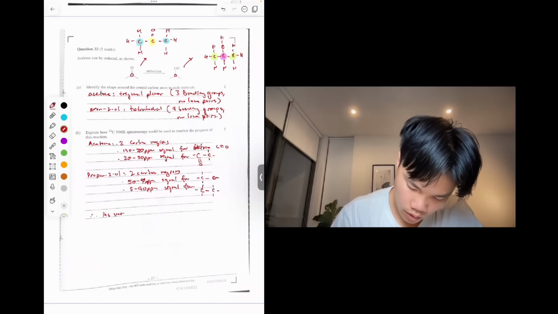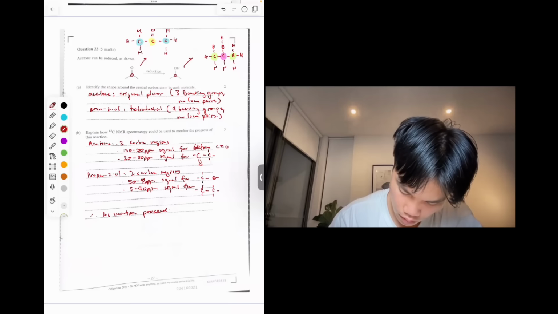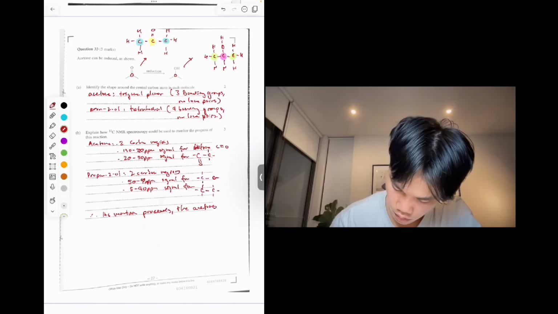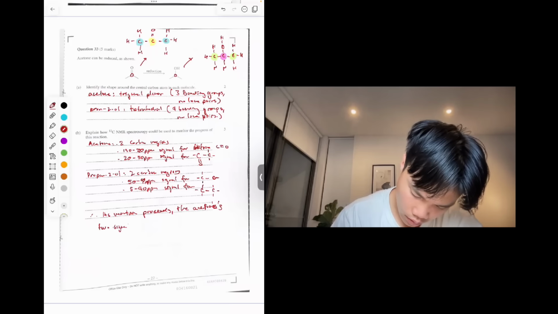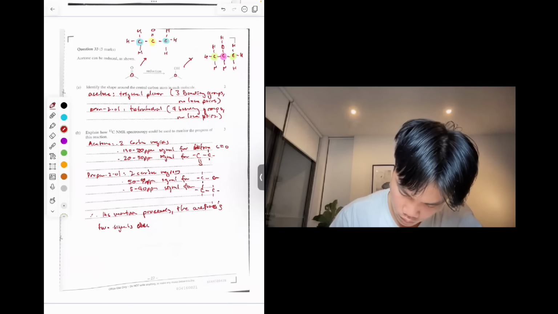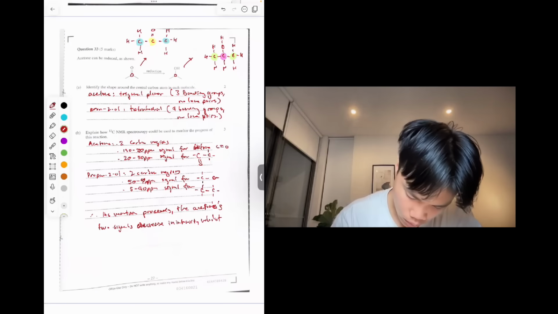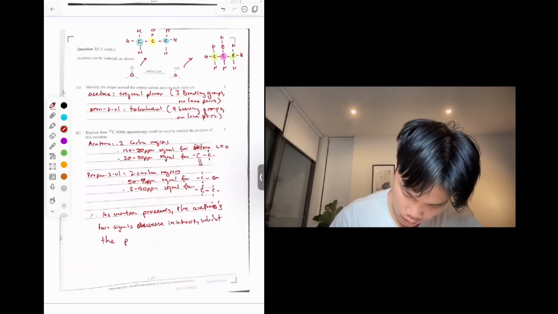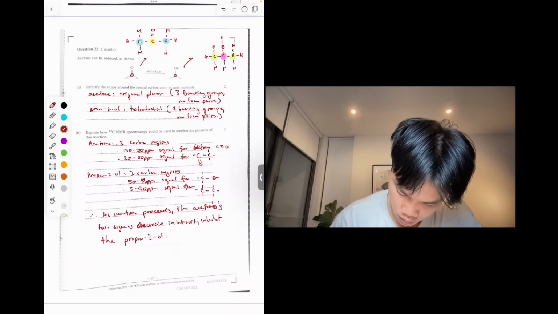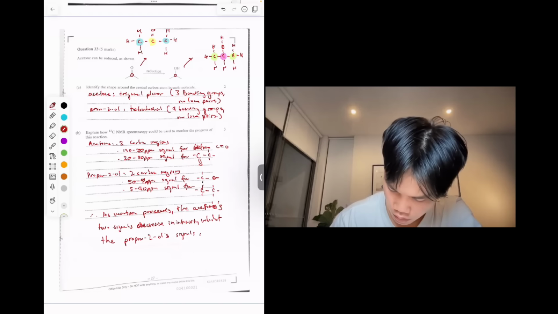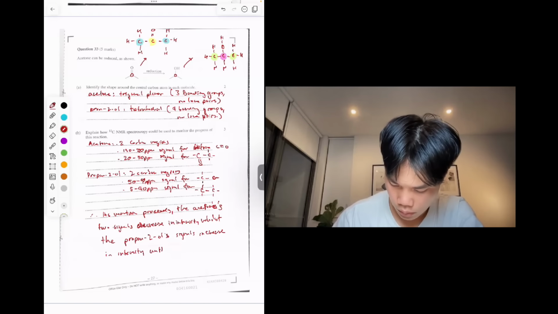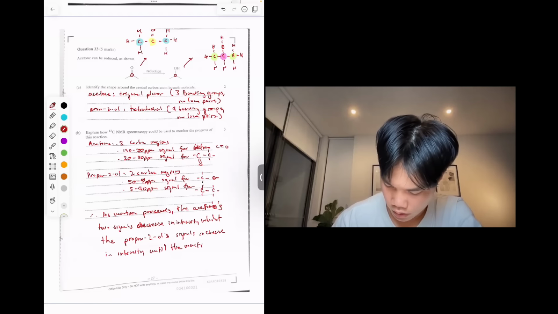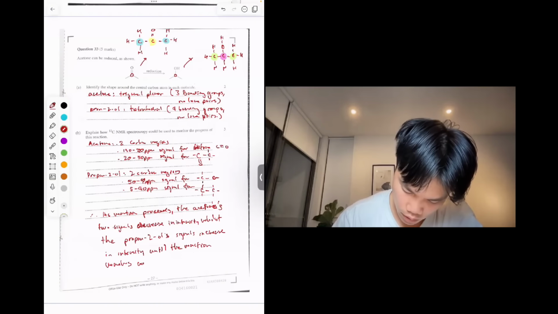Therefore, as the reaction proceeds, the acetone's two signals decrease in intensity, whilst the propan-2-ol's signals increase in intensity until the reaction reaches completion.